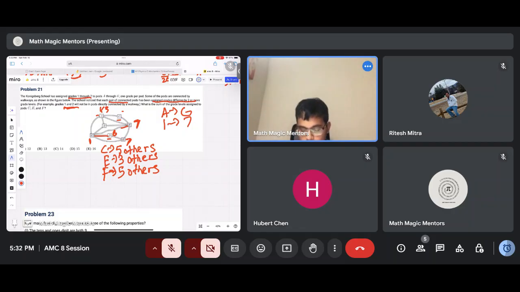If E is six, F is connected to E, that's not a viable option because grades with a difference of one must not be connected to each other, right? So D is six, and then similarly, as I mentioned earlier, G is two. This is because of the same kind of logic.